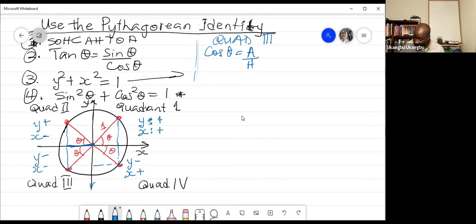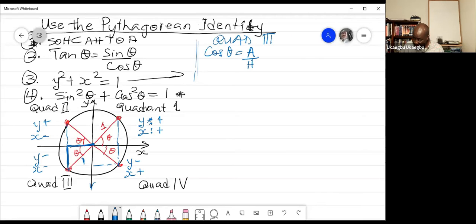Opposite is the y-axis. The adjacent is the x-axis. Now in quadrant 3, opposite is the y-axis. This is the opposite, this one is the adjacent, and this one is the hypotenuse, which is 1.